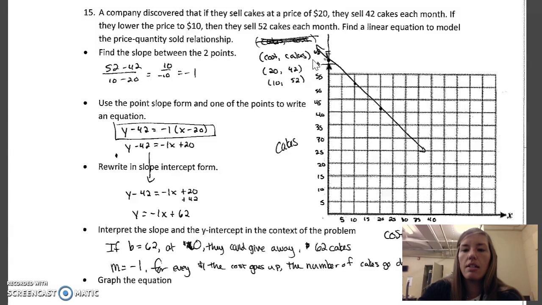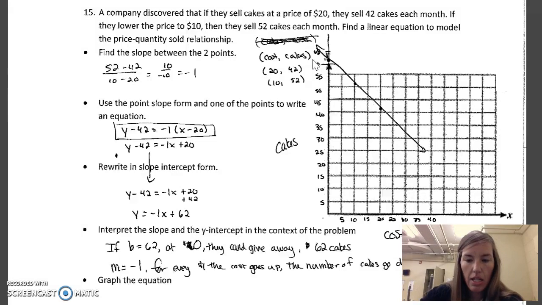The cost, the number of dollars you're spending or charging, is going to determine how many cakes you sell. So once you decide that X is cost and Y is cakes, that's a huge help. Then you can look here, $20 for cakes, 42 cakes, (20, 42). $10, 52 cakes, (10, 52). So that's where you get two ordered pairs from.